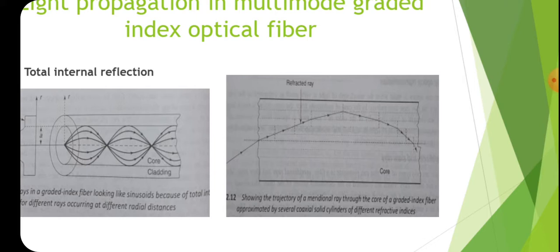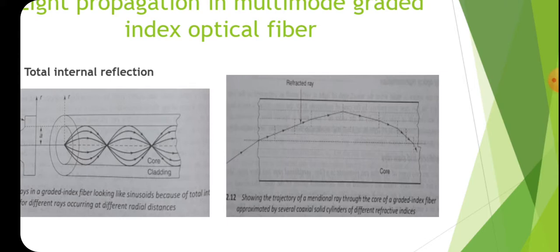So as the ray travels from the denser to rarer medium at each interface, the angle of incidence at successive interfaces goes on increasing, and at a certain layer the condition of total internal reflection will occur, okay.